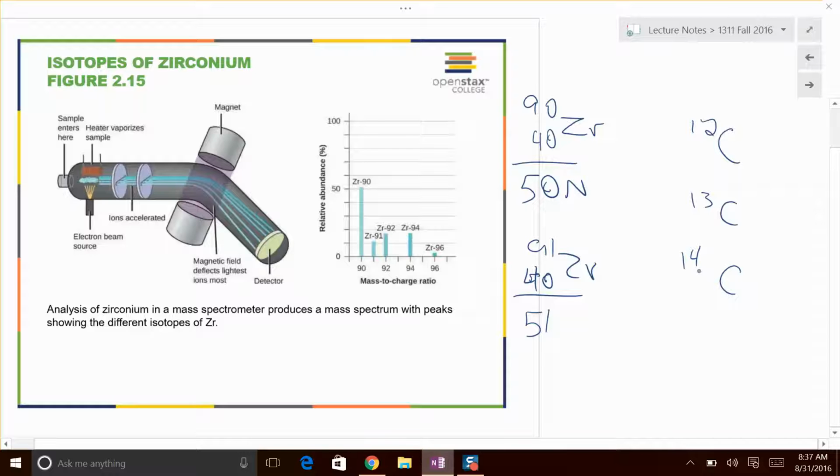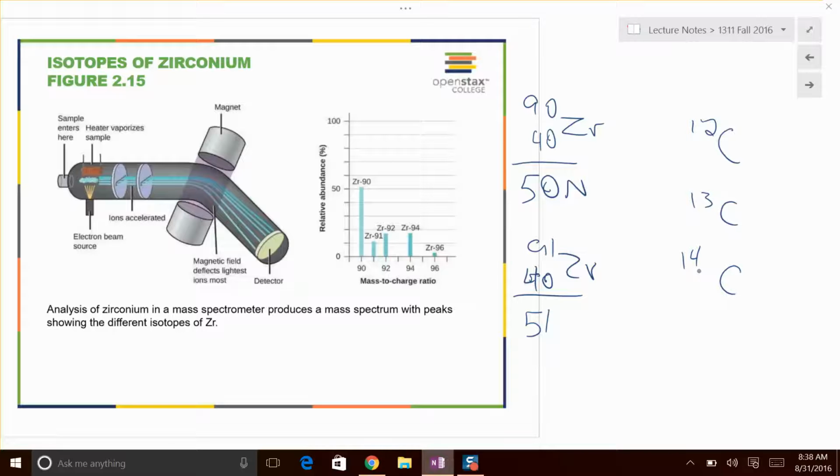How many neutrons are in a carbon 12 atom? 6. And carbon 13, carbon 14, 7 and 8, right? That's the difference. It's the number of neutrons. Other than that, they're the same. They have the same reactivities. Everything else about them will be the same. It's just that one is heavier than the other, and one is more stable.